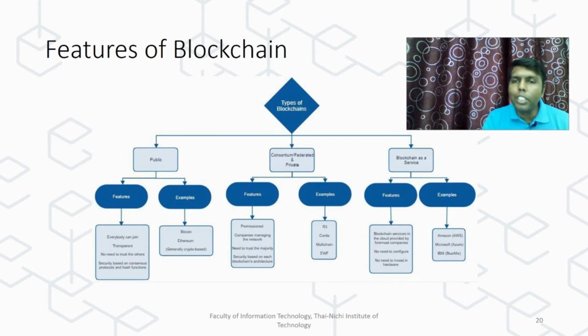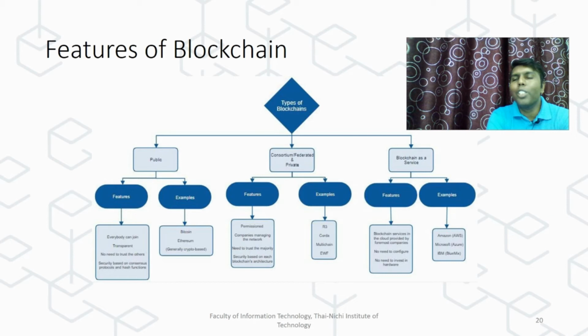And blockchain as a service, we can call it BaaS, just like software as a service, infrastructure as a service, or platform as a service. So many things are available, just like the advent of cloud computing. Various software is given in the cloud, and that's what we call software as a service.